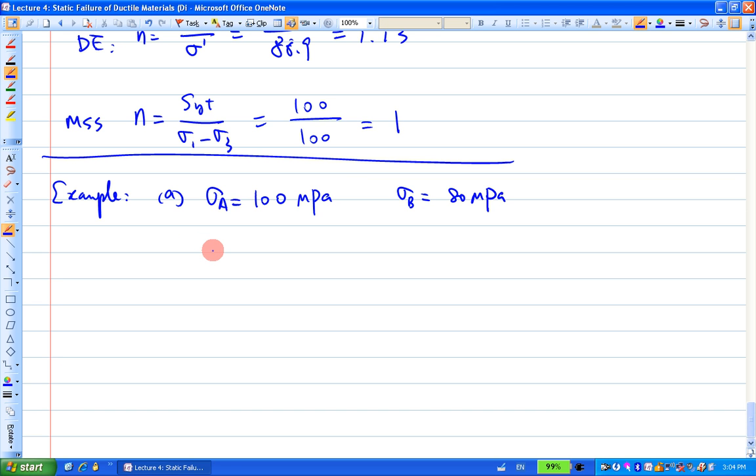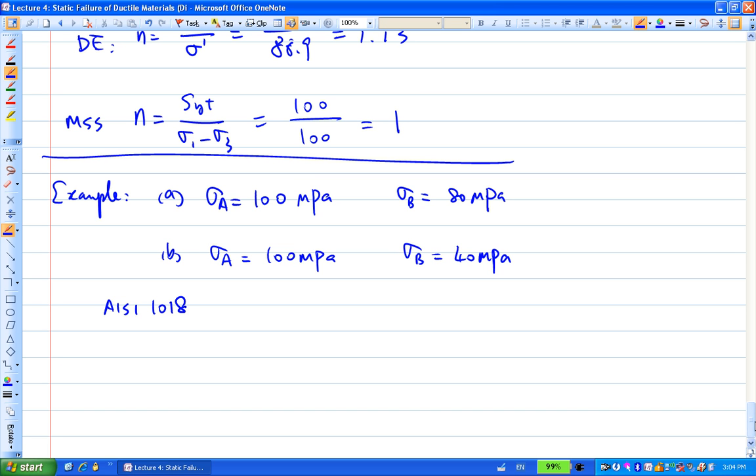Let me give you another one. Same sigma A, slightly different sigma B. And the material is AISI 1018 steel.